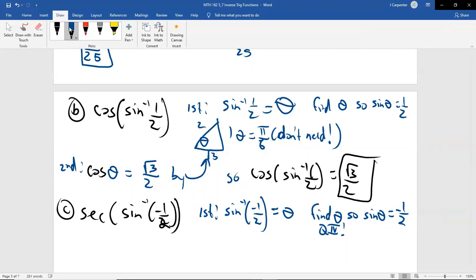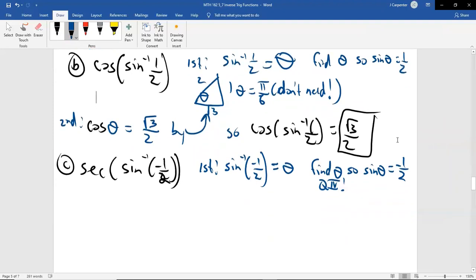Oh, but sine is negative in quadrant 3. Doesn't matter. Inverse sine is not valid in quadrant 3. No inverse trig function is valid in quadrant 3. All right, so that means we can just draw up a reference triangle with an opposite of 1, a hypotenuse of 2, and that means the adjacent is square root of 3 again, which says our reference angle is pi over 6.